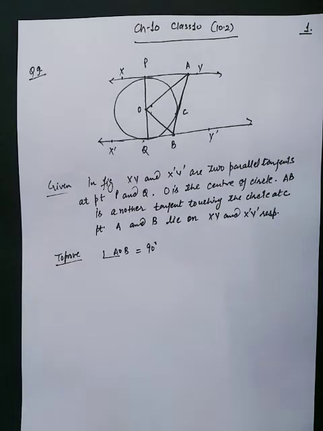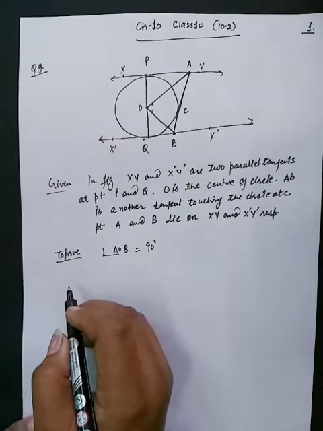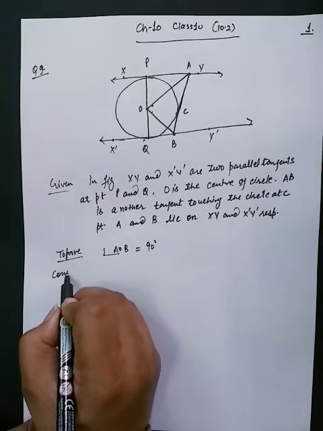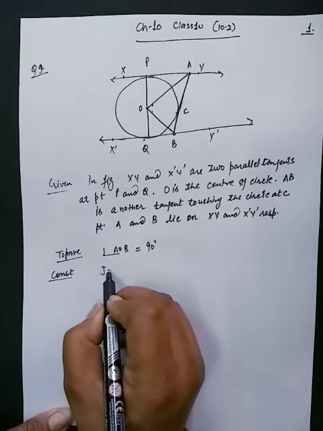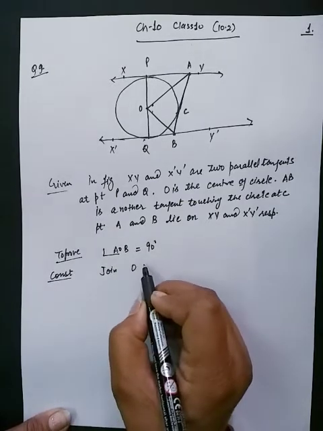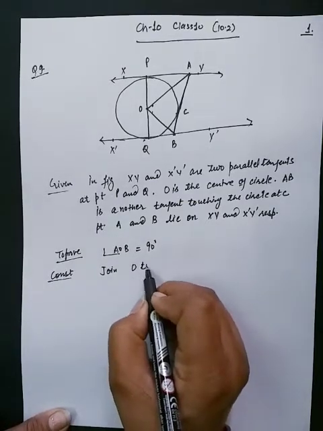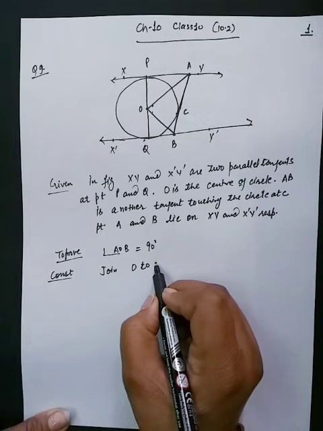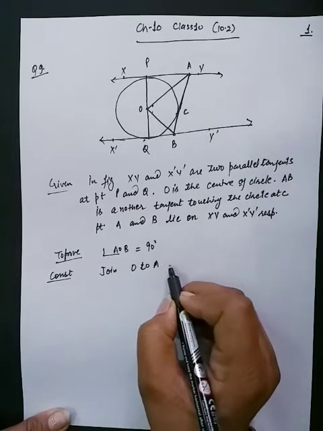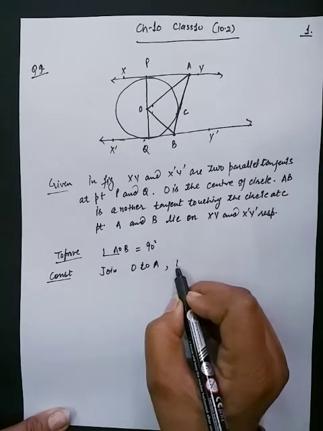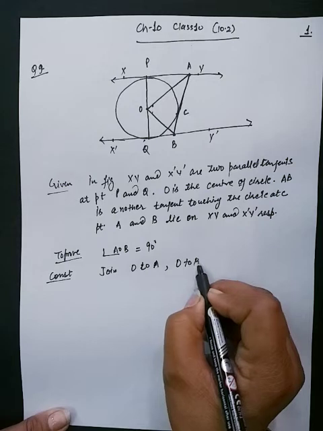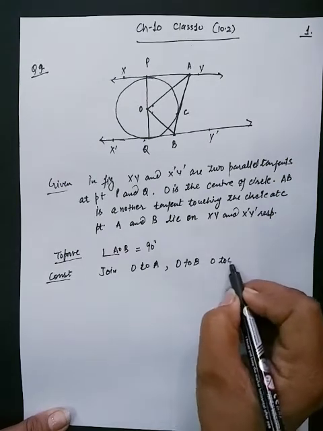So for this we have to make a construction. Join O to A, O to B, O to C; this is already joined.